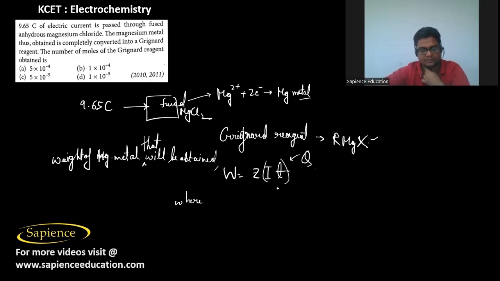Now Z equals the equivalent weight divided by 1 Faraday charge.